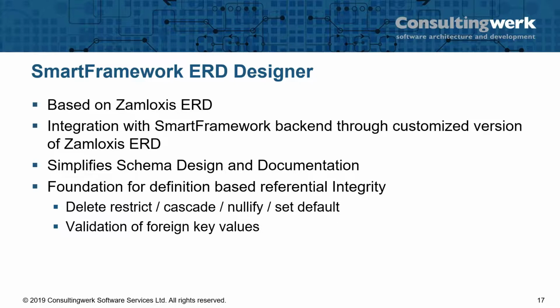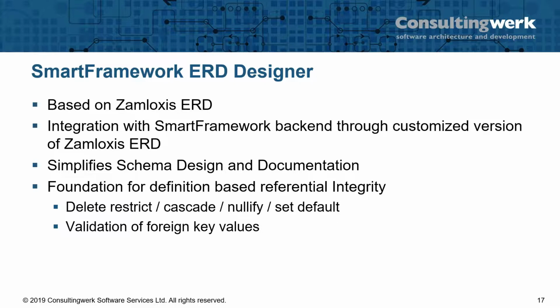We have functionality in the framework that performs referential integrity on every data update and data deletion. So on deletion, we can do delete restrict, delete cascade, nullify, set default, these standard rules. When we insert a record, this supports automatic validation of foreign key values, which greatly reduces the number of validations that developers actually have to code.